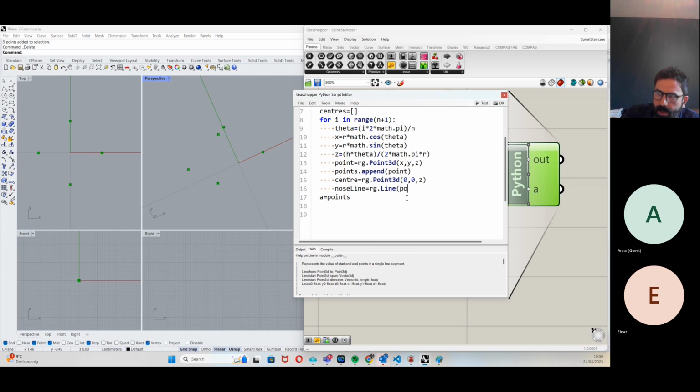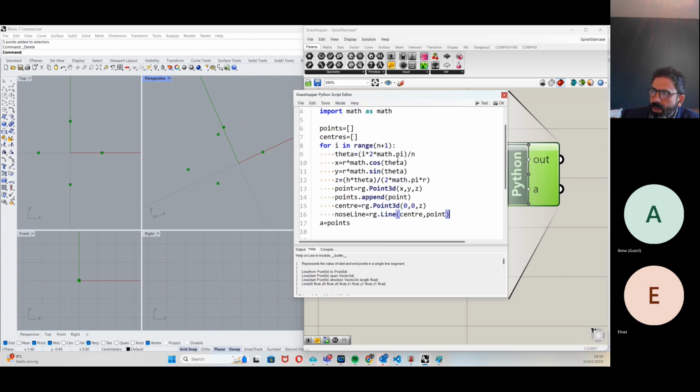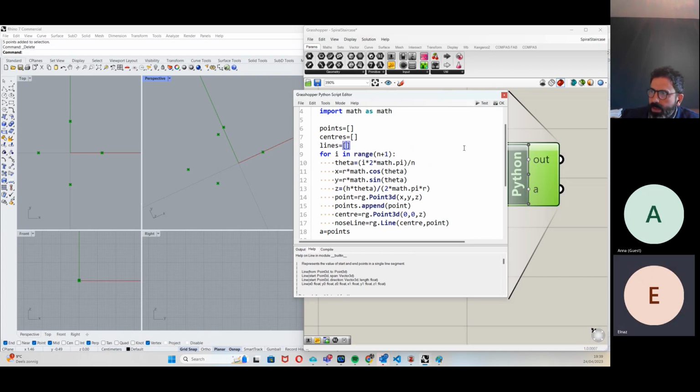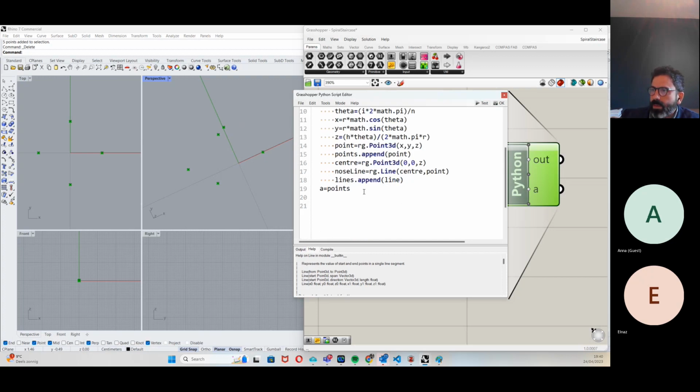So from center to point. Let's make a list of lines and call it lines.Append(line). Okay. And let's say L equals lines.